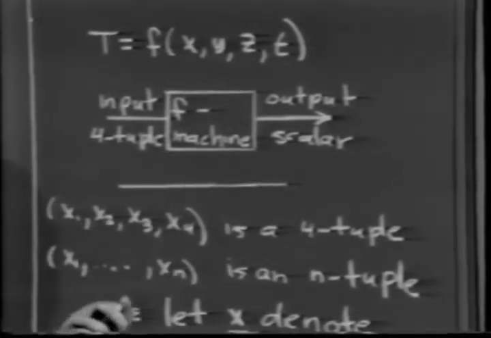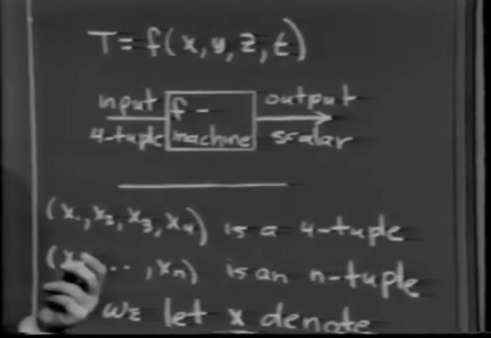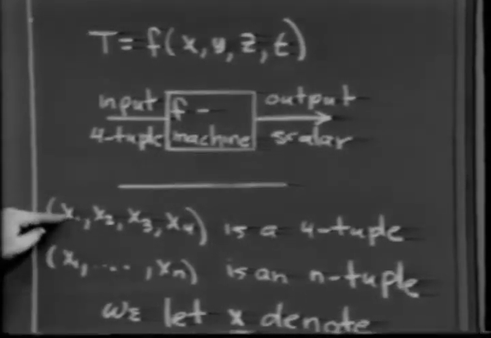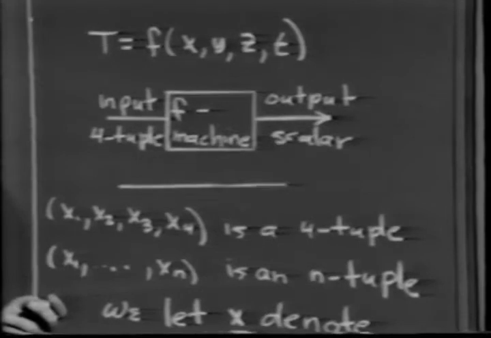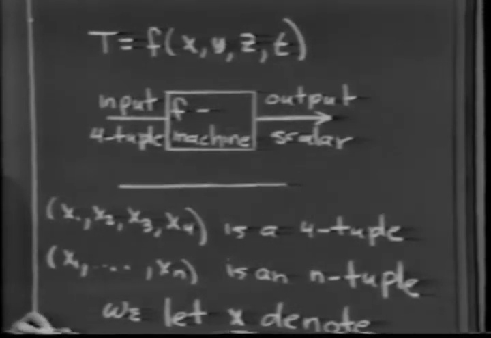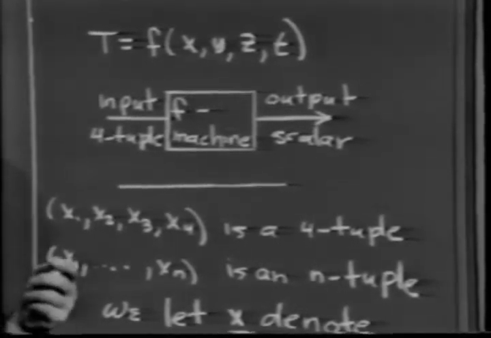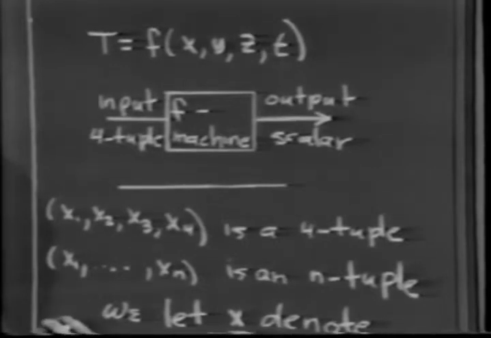What is this a generalization of? The 4-tuple is a generalization of the 1-dimensional, 2-dimensional, and 3-dimensional arrows, so to speak, where we could think of what? The vector x1i as just needing one number to specify it. The vector x1i plus x2j could have been abbreviated by the 2-tuple x1, x2, and the vector x1i plus x2j plus x3k could have been abbreviated by the 3-tuple x1, x2, x3.